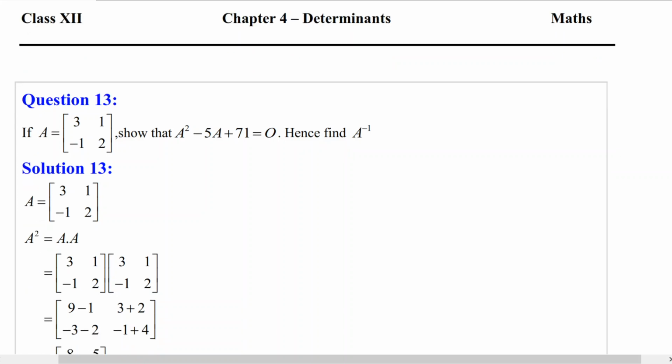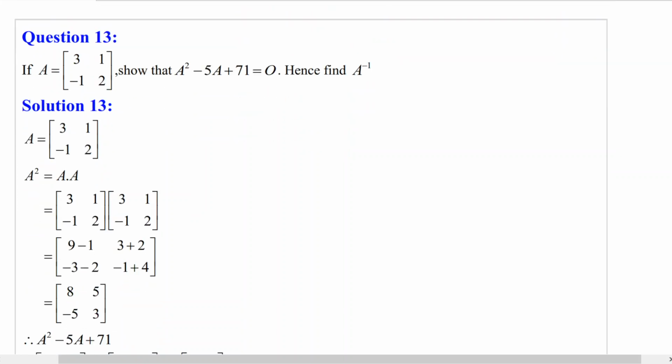Okay. So question number 13. Something new to learn. I have seen this question in year 2016 Delhi paper, I guess, if I am correct. So this equation that is given here, this is called as characteristic equation. In higher maths it is called characteristic equation, right?